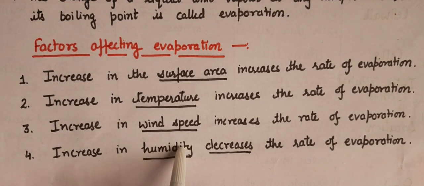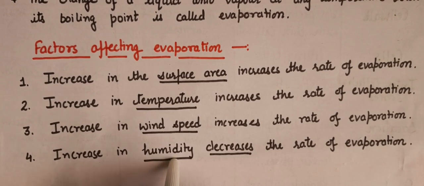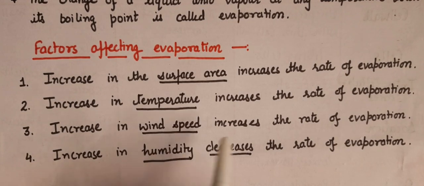What is the meaning of humidity? Humidity means the moisture present in our atmosphere. If the water droplets are already present in our atmosphere, then what is the effect on the rate of evaporation? It will decrease because water is already present in the atmosphere.